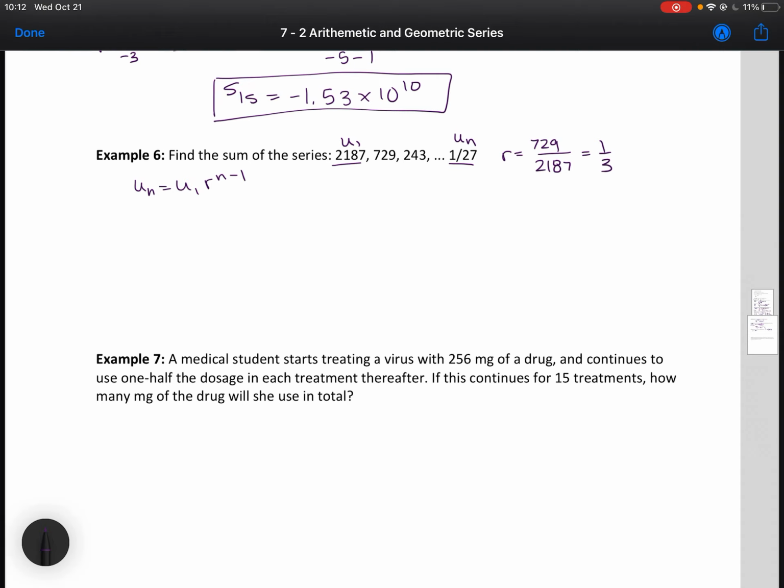Substituting in what I know into the expression for the general term, I've got 1 over 27, 2,187, 1/3, and then n minus 1, which I don't know, which is okay. When I rearrange here, I'd have 1 divided by 27 divided by 2187, which is going to give me not a great number. It's a decimal times 10 to the minus 5.